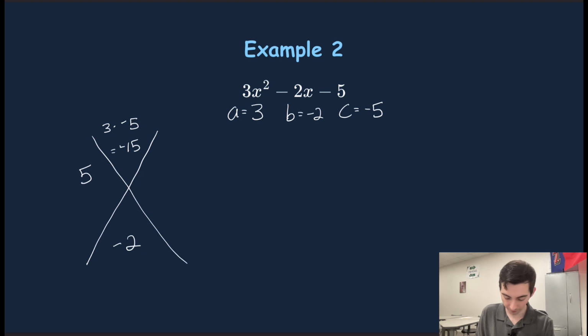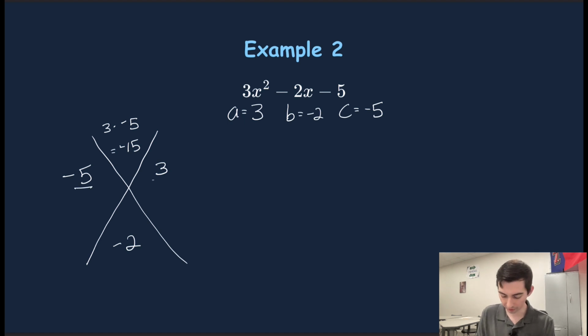Well, I can say that 5 times 3 would get us to 15, but I need it to be negative, so I need to make one of these negative. And if I want these to add to negative 2, I can say negative 5 plus 3 would get me to this negative 2. So negative 5 and positive 3 are my two key numbers.